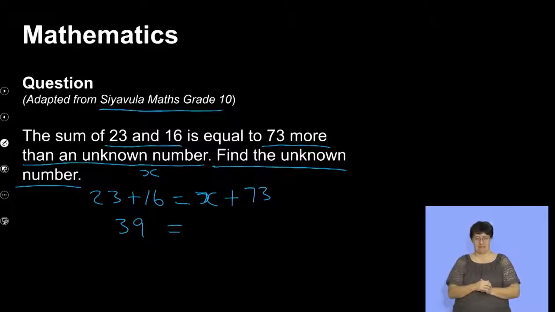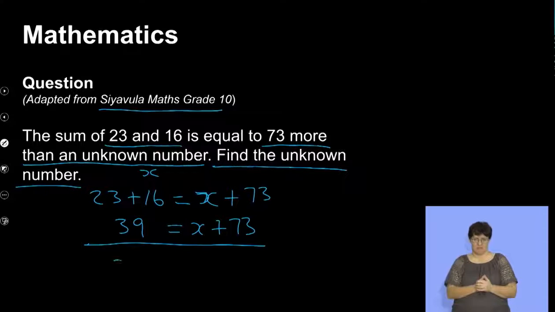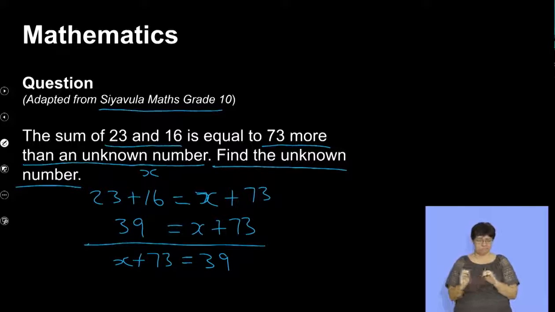And this will be equal to x plus 73. I'm just going to swap them around without changing anything, just so that I can work it out on a normal basis. So this is the same as x plus 73 equals 39. I didn't change anything. I just wrote them in the way that we are kind of used to.